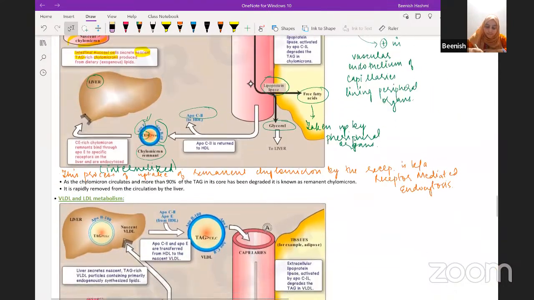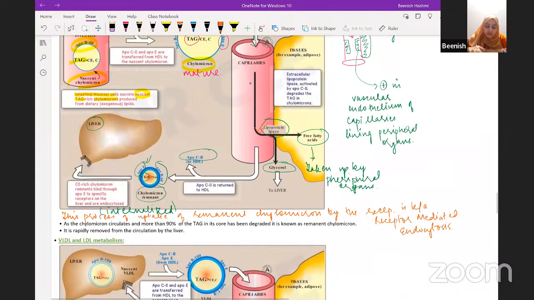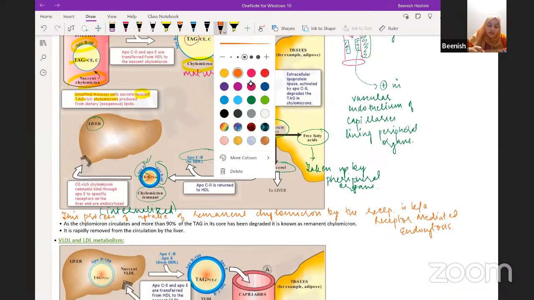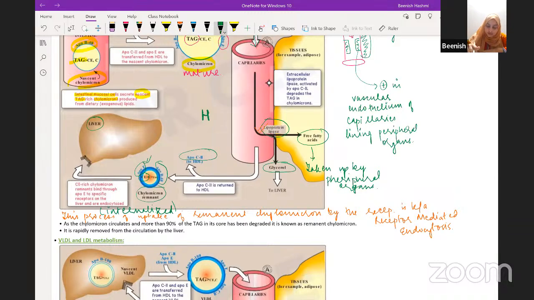This lipoprotein lipase is anchored to the vascular endothelium with the help of heparan sulfate.